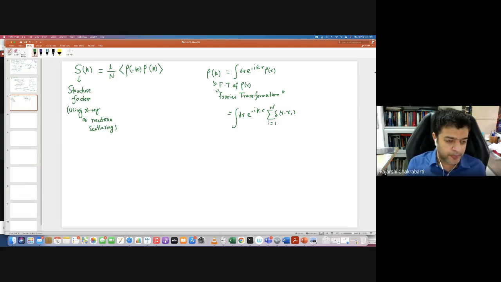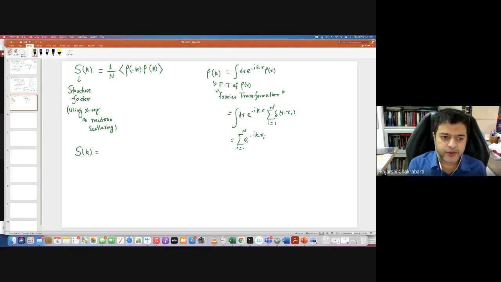Okay, so now if I calculate this S of k using this definition, when you do this integral, using the delta function property, I get a sum over exponential of minus ik dot ri.